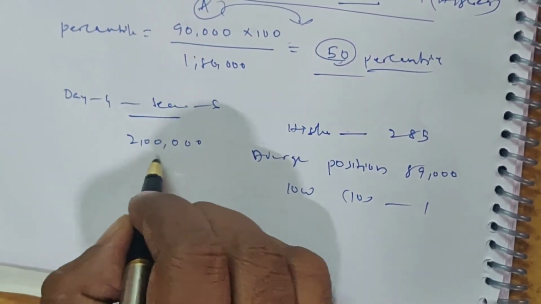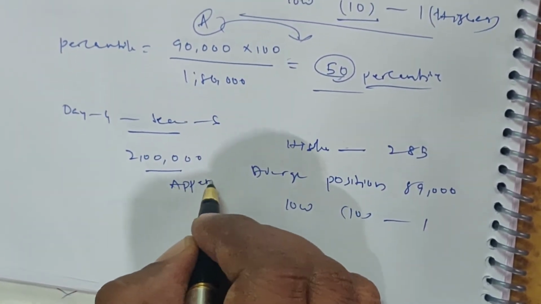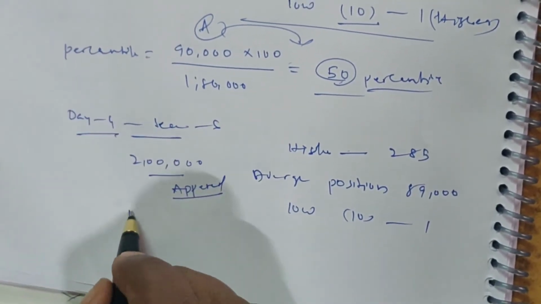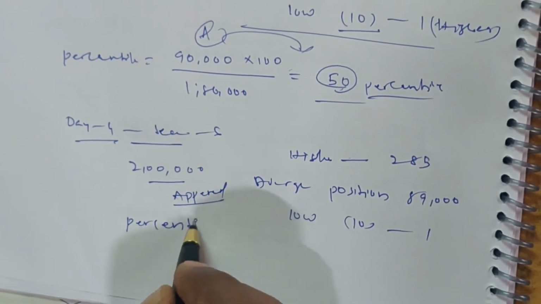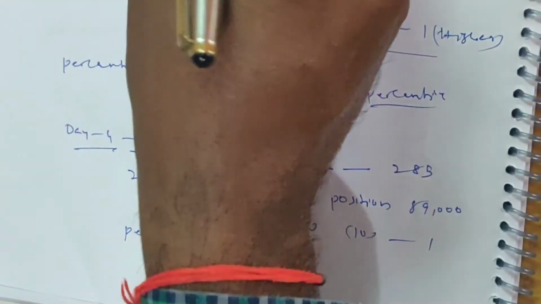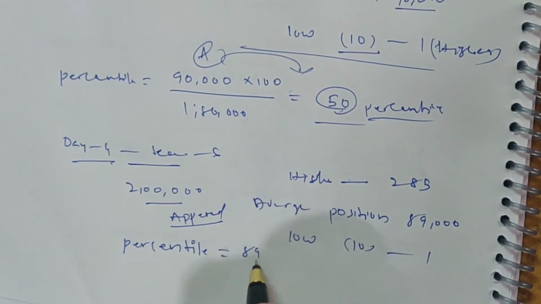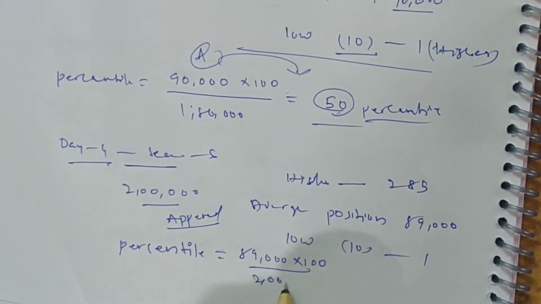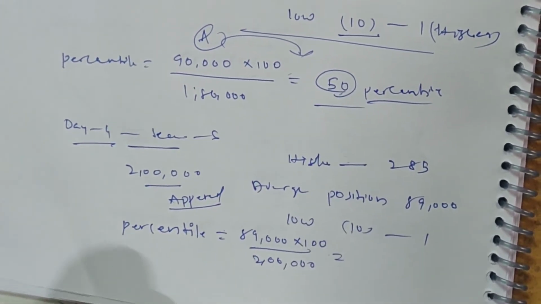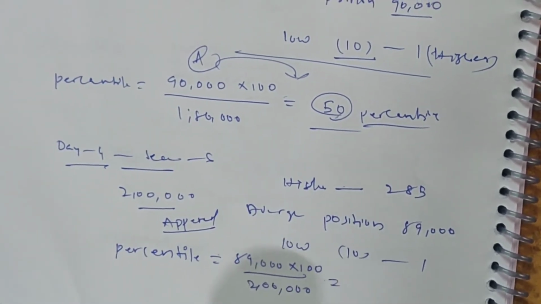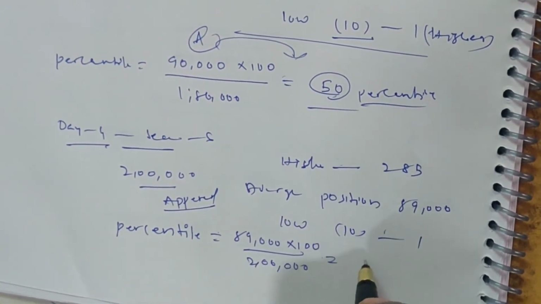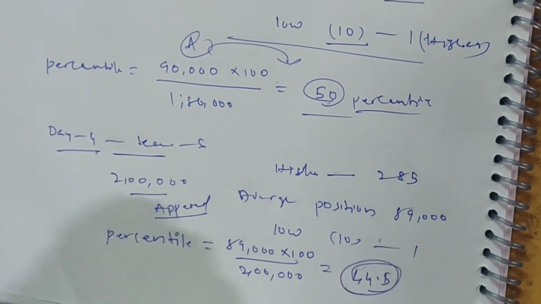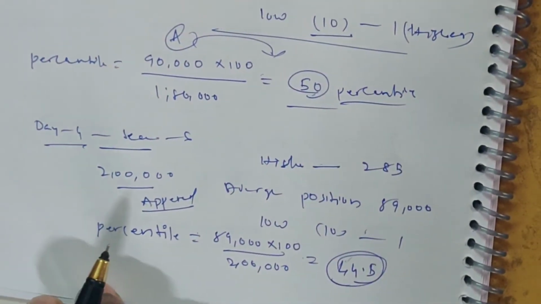Nearly 2 lakh students appeared in day 4 session 6. So what is the percentile? Percentile equals position, 89,000, into 100, divided by 2 lakhs. You can calculate by calculator. Nearly this candidate got 44.5 percentile.